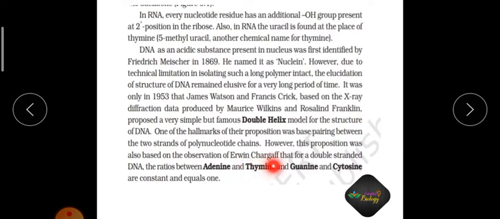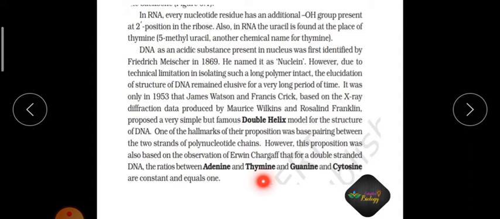He proposed that in a double-stranded DNA, the ratio between adenine and thymine and guanine and cytosine are constant and equals 1. Which also means the molar concentration of adenine is always equal to the molar concentration of thymine.